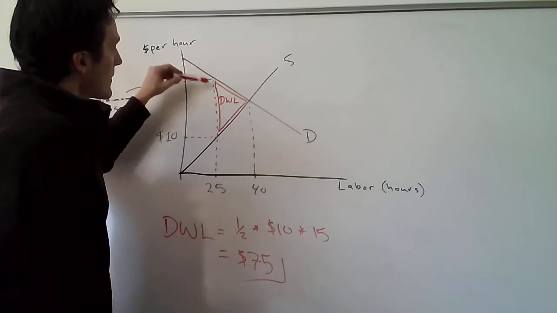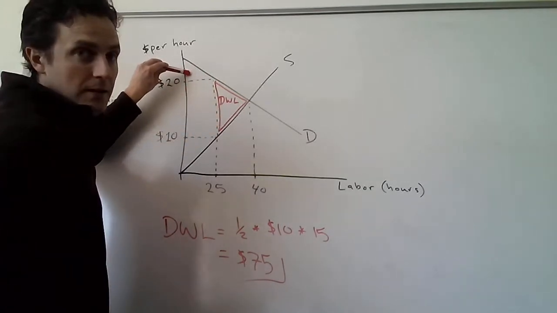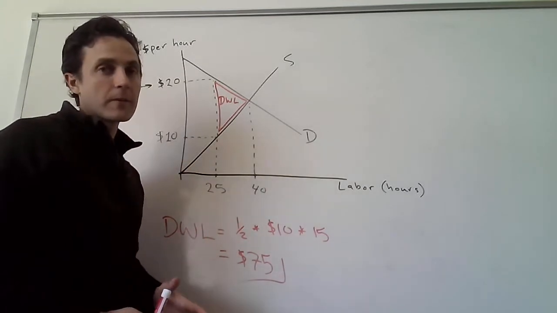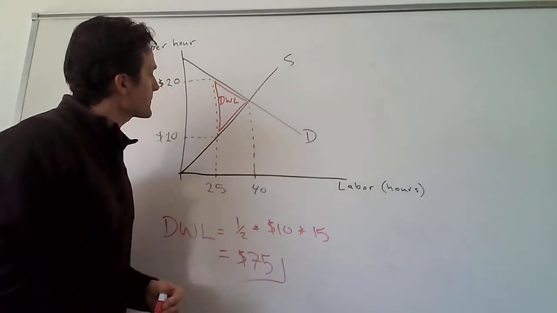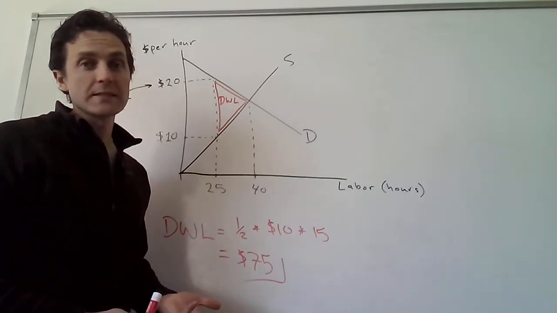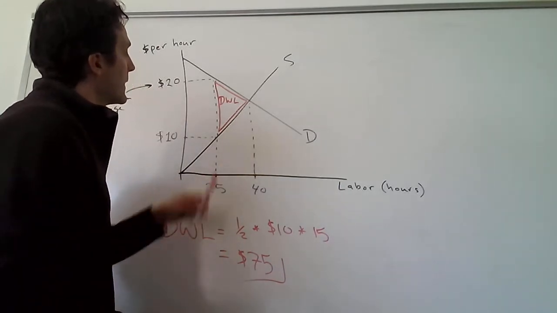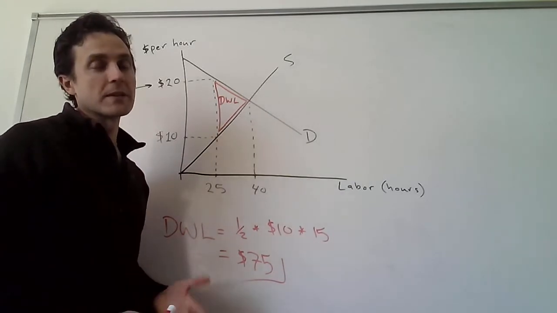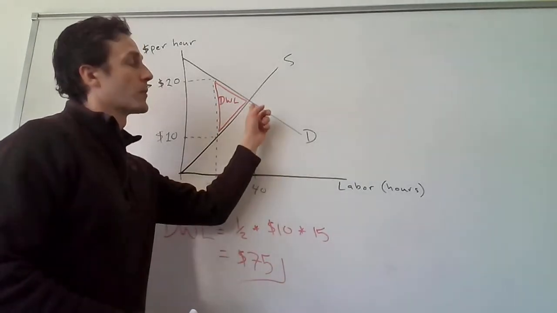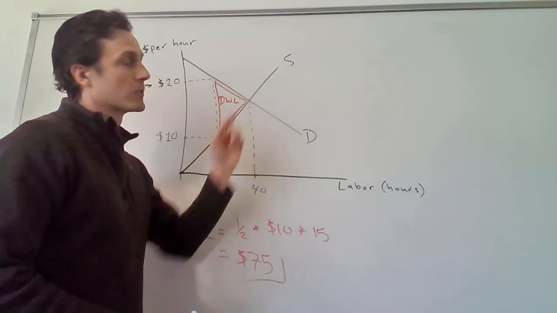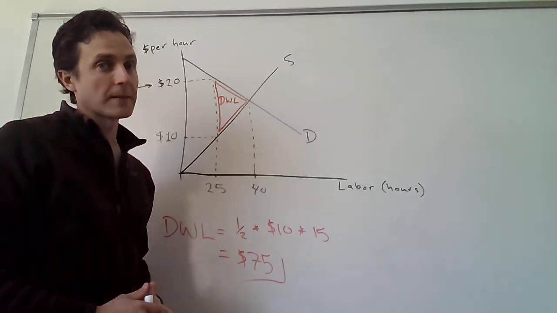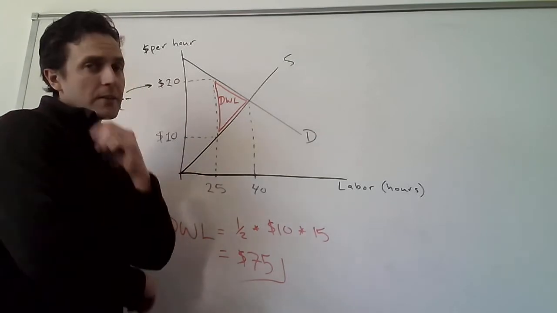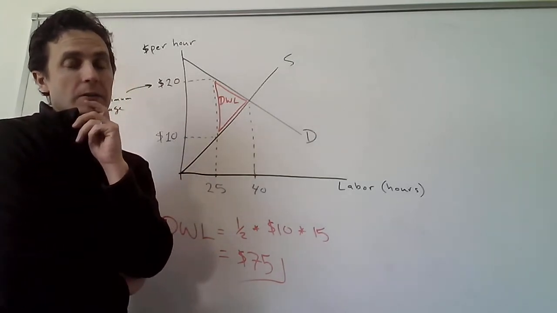The areas over here, this triangle up here, and then this rectangle and that triangle, will all be part of total surplus. But the deadweight loss is not going to be part of total surplus, even though it would be if the market was allowed to go to its equilibrium point where supply equals demand. So the deadweight loss is equal to the area of the red triangle right there.